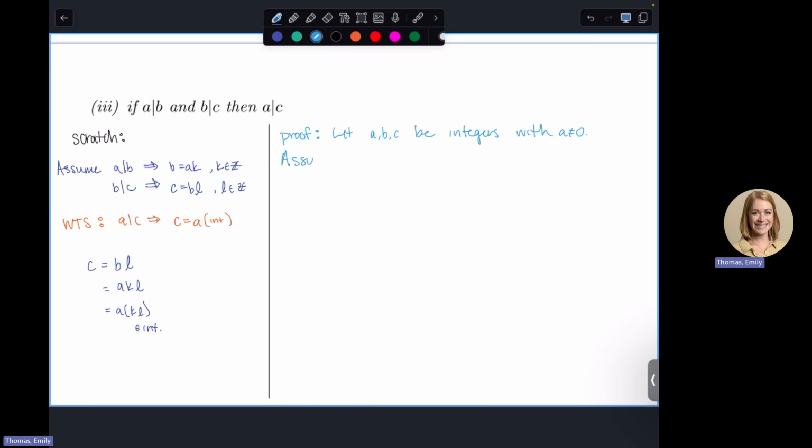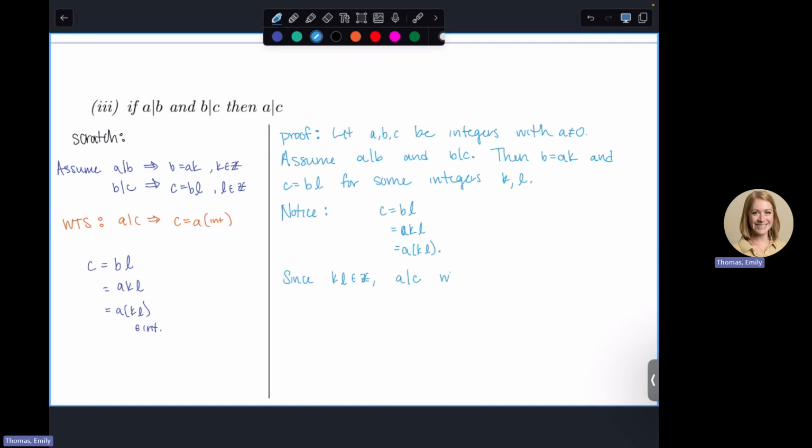I'm going to say assume A divides B and B divides C. Then B is equal to A times K and C is equal to B times L for some integers K and L. Notice C is equal to B times L, which is equal to A times K times L, which is A times KL. Since KL is an integer, A divides C.